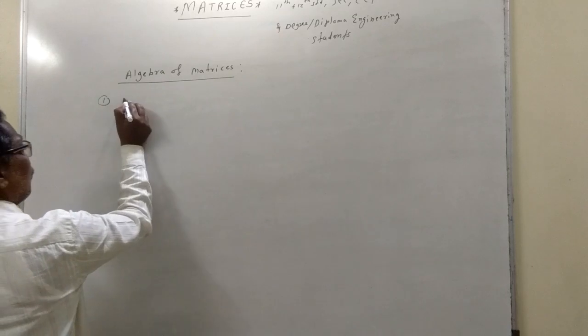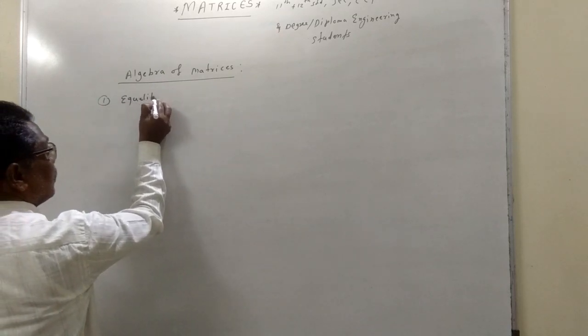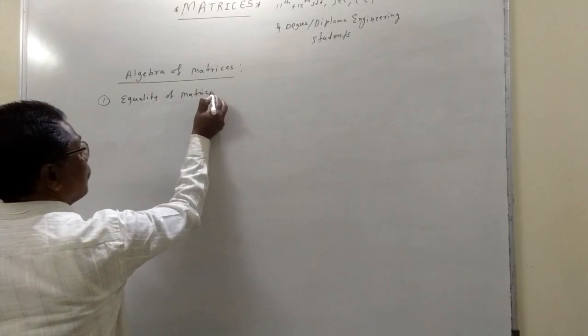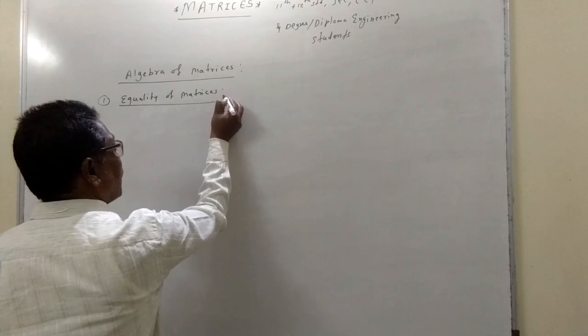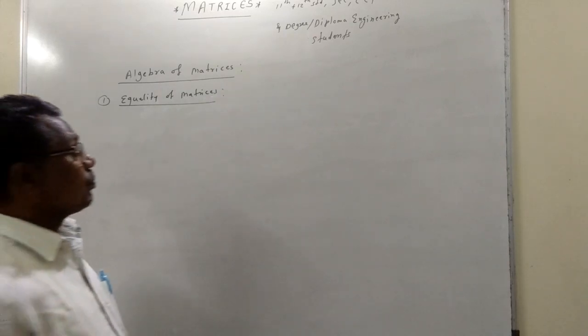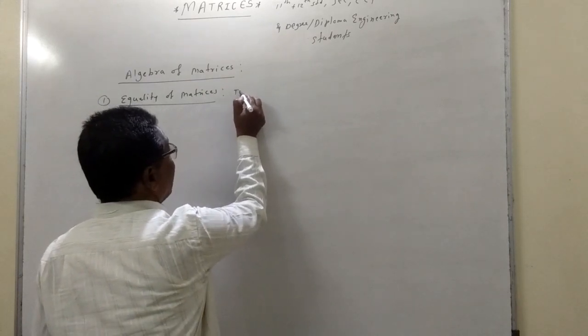So first, equality of matrices. Equality of matrices means when two matrices are equal.